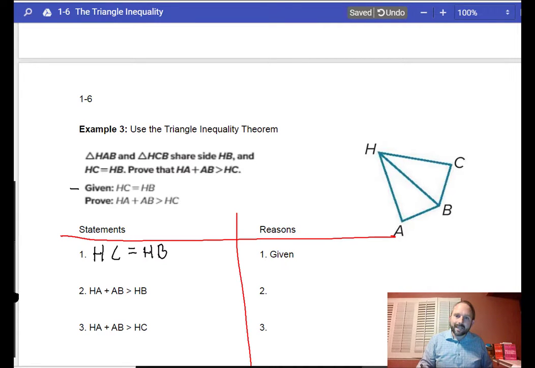So we know that HA plus AB is going to be bigger than HB because this is called the triangle inequality theorem.